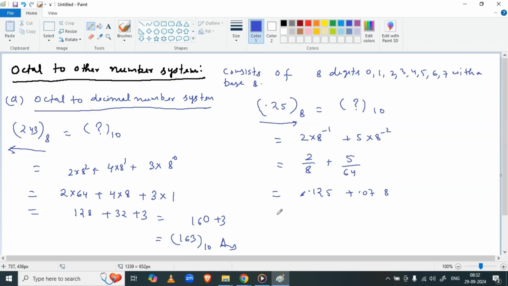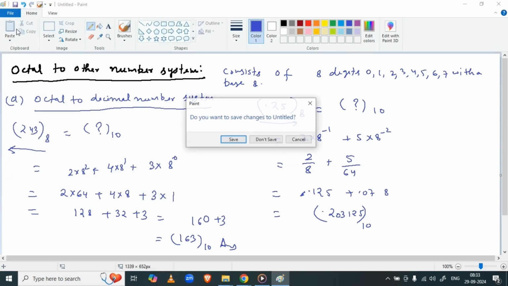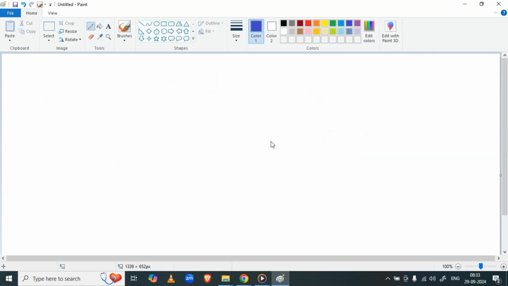Now we solve this, and it is equal to 0.203125. For the fractional part, we write the positional weight of this 2 as 8 to the power minus 1, and this 5 as 8 to the power minus 2. For the integer part we move in this direction, and for the fractional part we move in this direction.